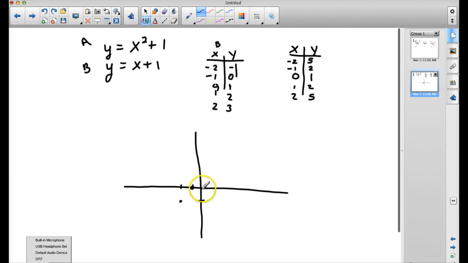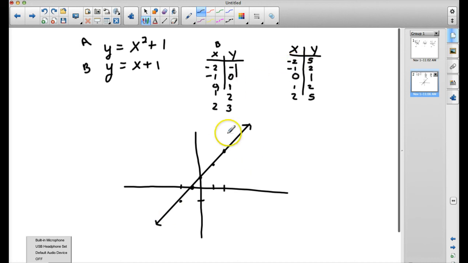I'm doing the line first. 0, 1. 1, 2. And 2, 3. Now let's draw my line through these points. I'm going to go through here, and there's my line. You're going to have an arrow at the end, so this is a straight line.